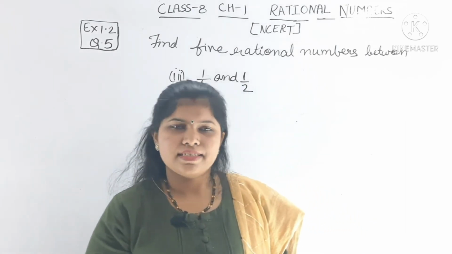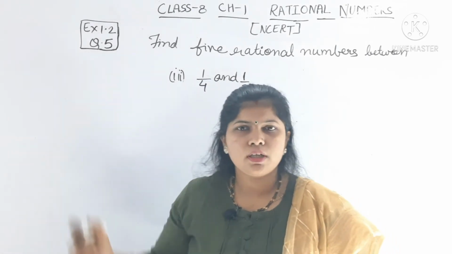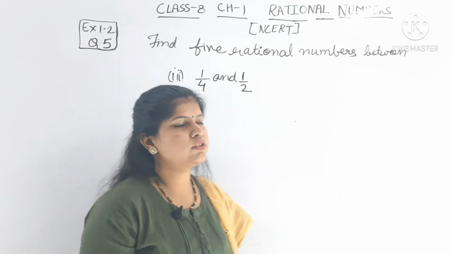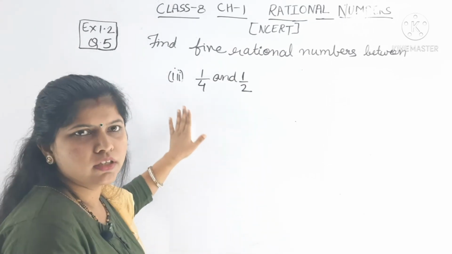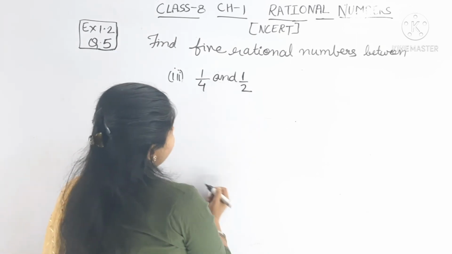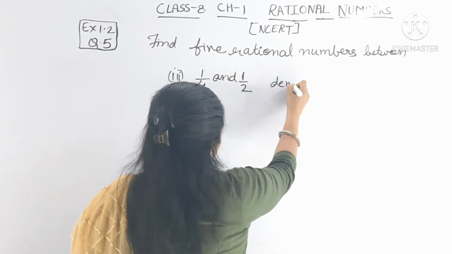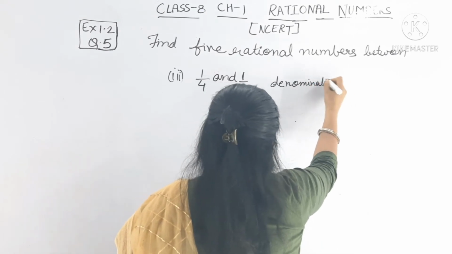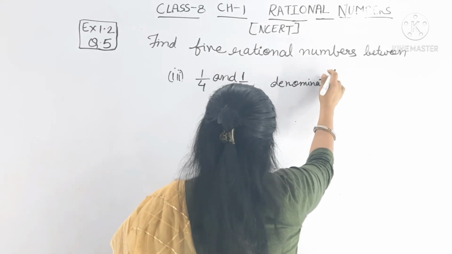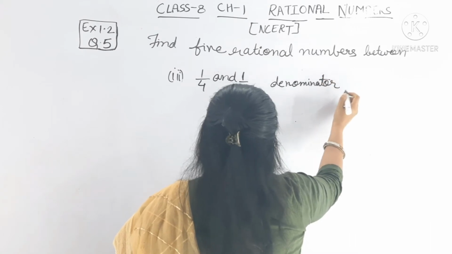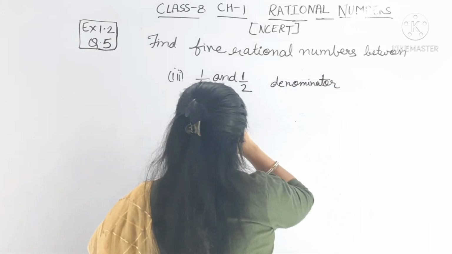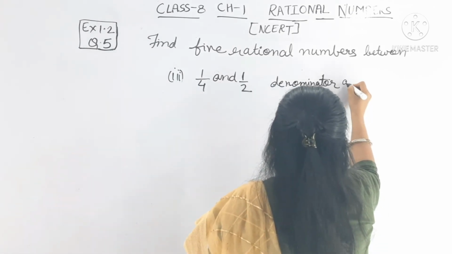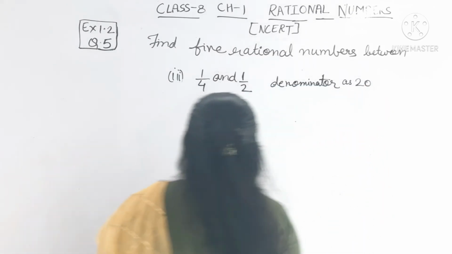Now students, let's see part 3 of question number 5. That is 1 by 4 and 1 by 2. I am making the denominator 20.